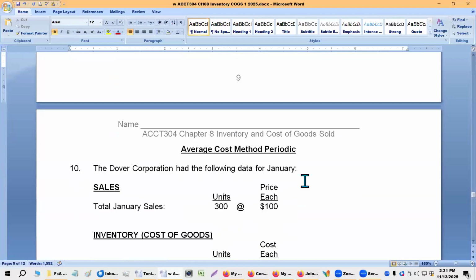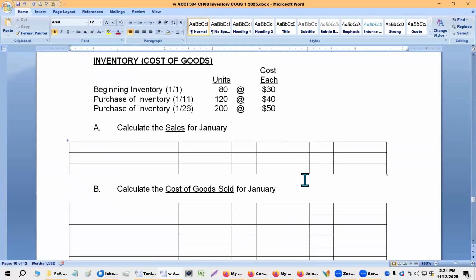Even the cost of goods sold will have some of the really old numbers in it. It could have something going back to the 50s or something. So the average cost does suffer a little bit theoretically in that it could very well have part of the calculations going way back. Okay.